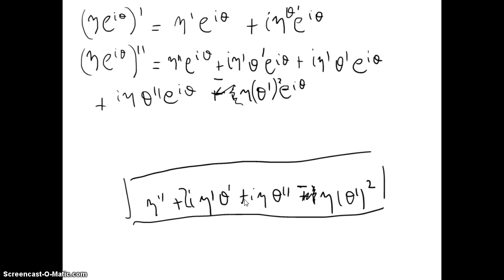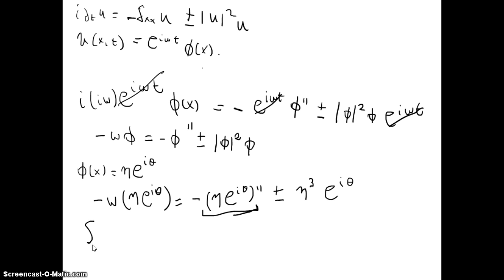So we will have two equations if we separate both parts. The real part: 0 is equal to minus η'' plus η θ'² plus or minus η³ plus ω η.